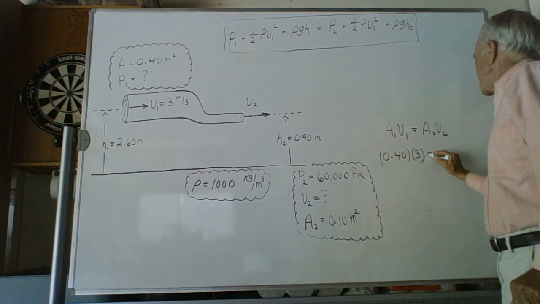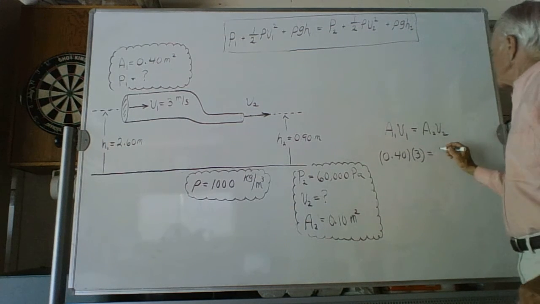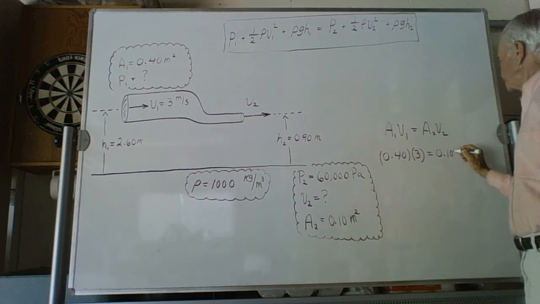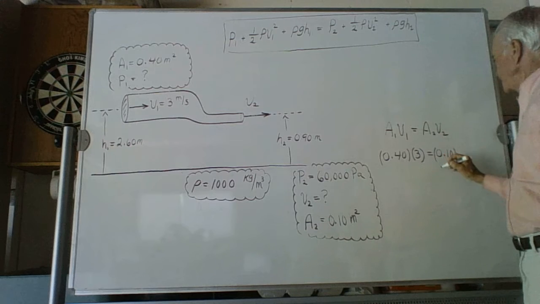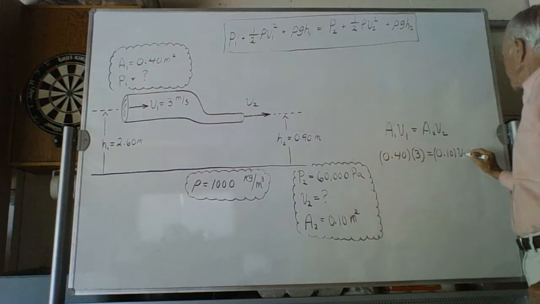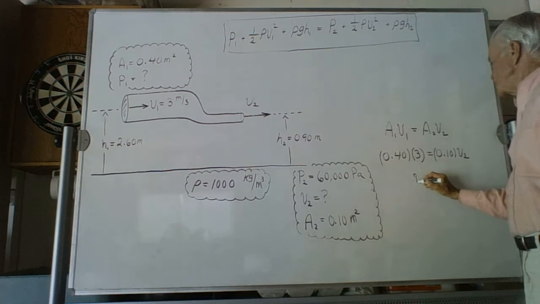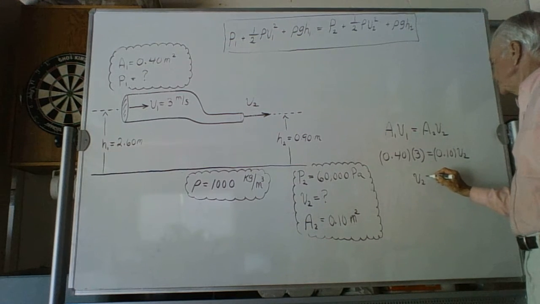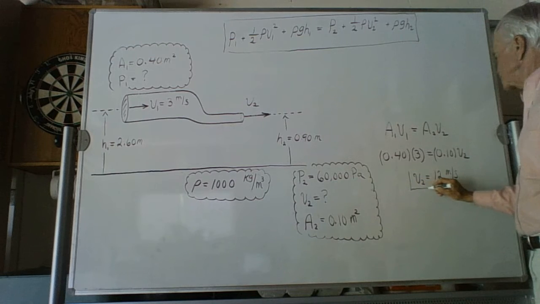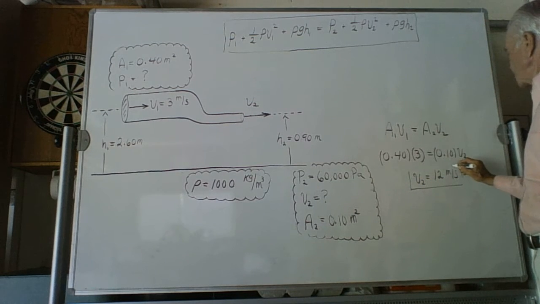Right-hand side, A2, 0.10. And there's your unknown speed, V2. V2 then is 12 meters per second. That's the first of the two unknowns we're looking for.